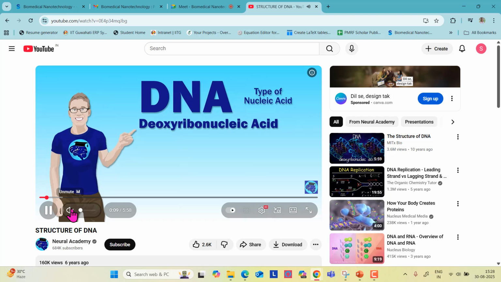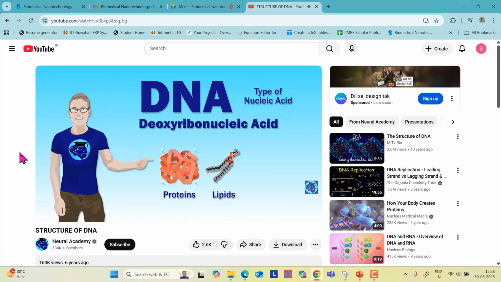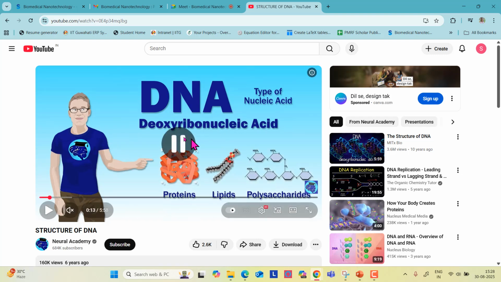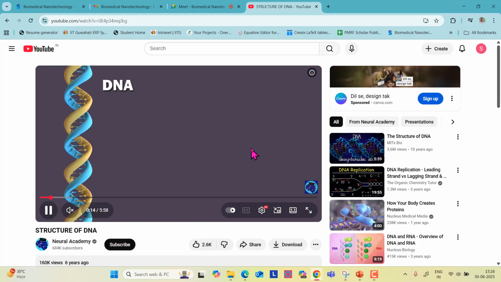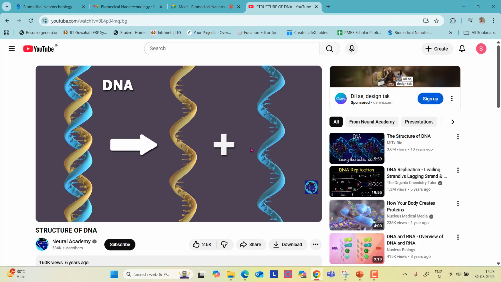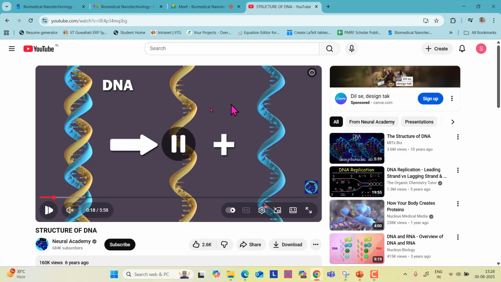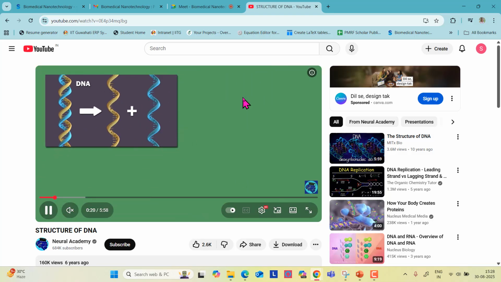These are essential. So this is deoxyribonucleic acid, and the types of biomolecules are nucleic acids, proteins, lipids, and phospholipids. So this is your DNA. It has two kinds of helix structure.